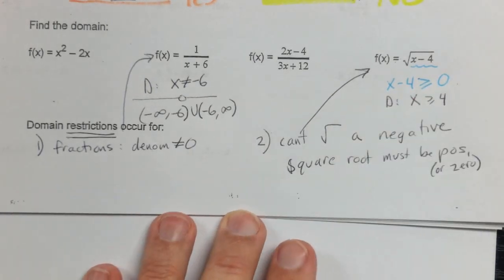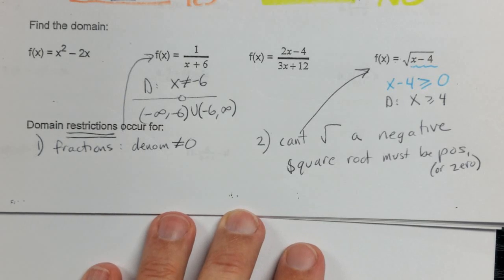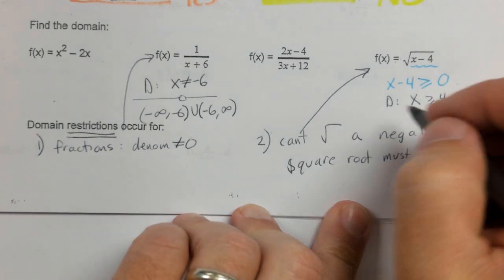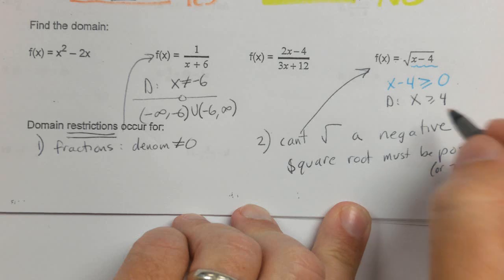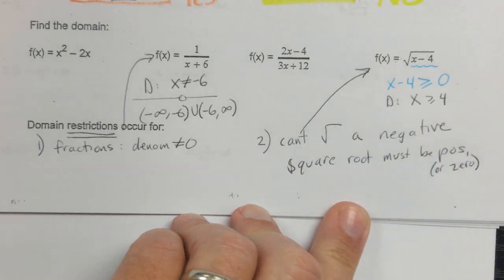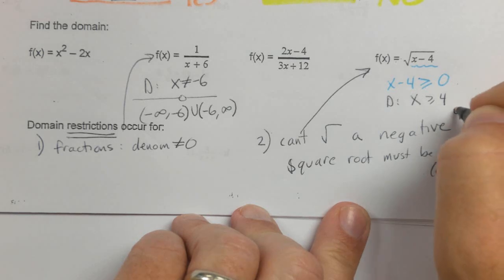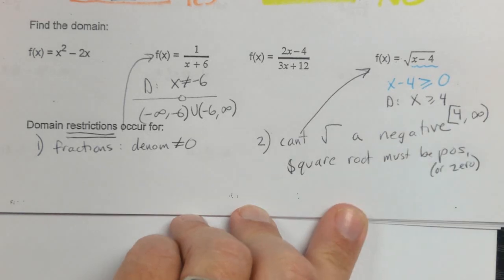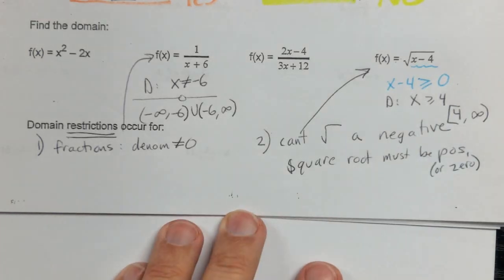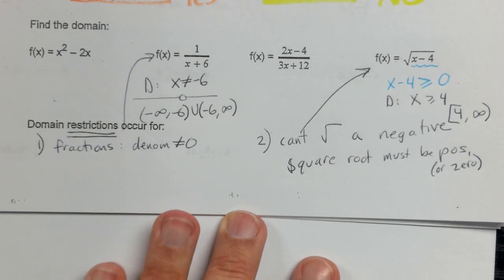And again, if we don't specify, you probably leave your answer like that because that's easier. If we ask for interval notation, then again, my brain thinks number line and then writes the interval. Probably some of you skipped that step. From 4 to infinity. Start at 4, include 4, and go to infinity.